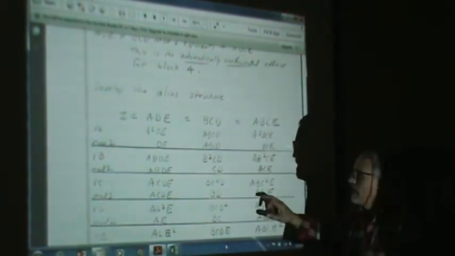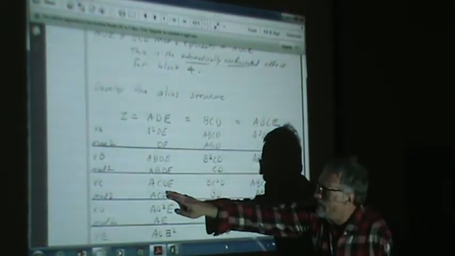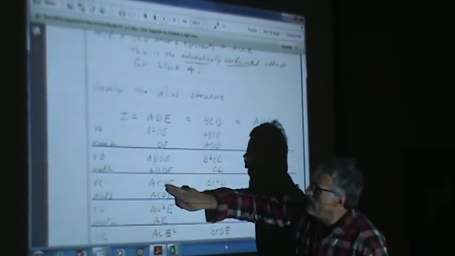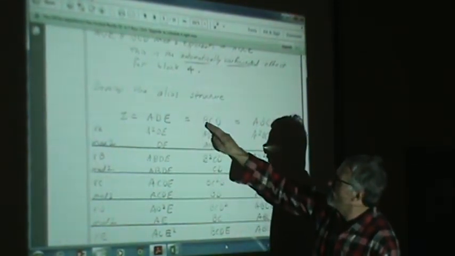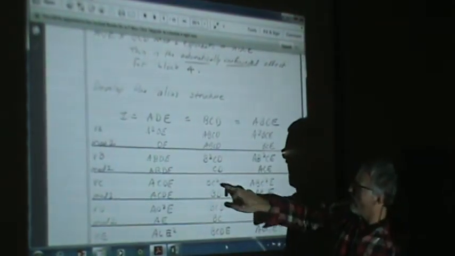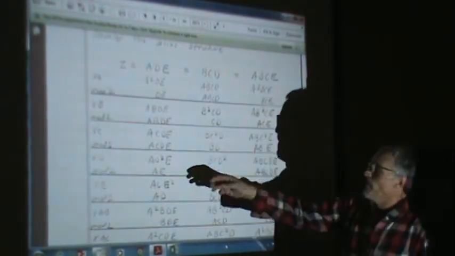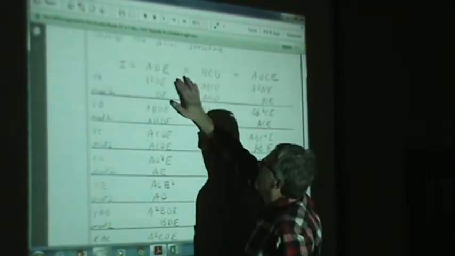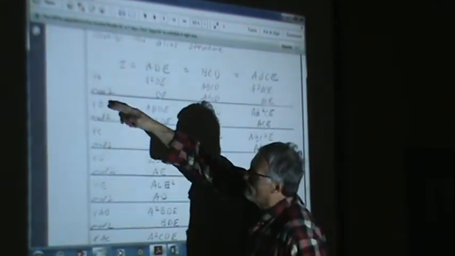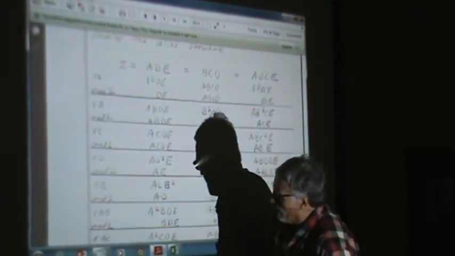Multiply by C, I get ACDE, mod 2, that didn't change. Multiply BCD by C, B, C squared, D, mod 2, that went away. I'm multiplying each of these identities for block 2, block 3, block 4 by each of the main effects and first order interactions. It makes a mess, but each time I'm modding 2 and seeing what's aliasing. So these are aliasing groups.